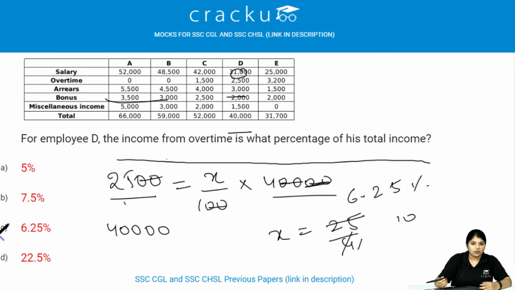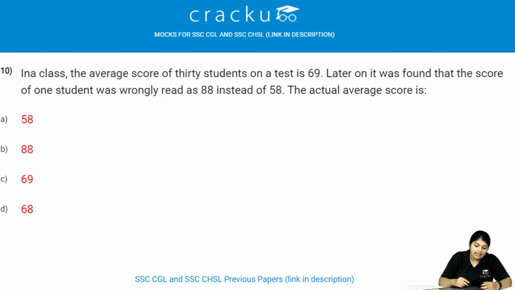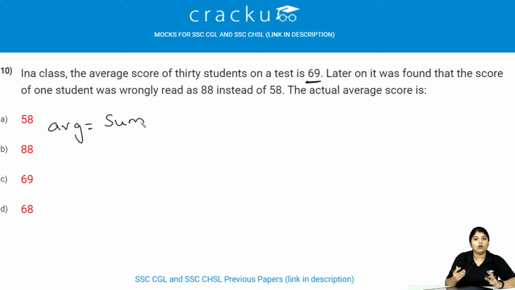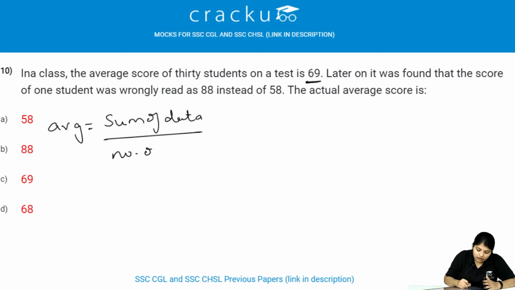Now let's see the next one. In a class, the average score of 30 students in a test is 69. When it comes to average, the basic formula is average is equal to the sum of the scores, or any data, divided by the number of values.